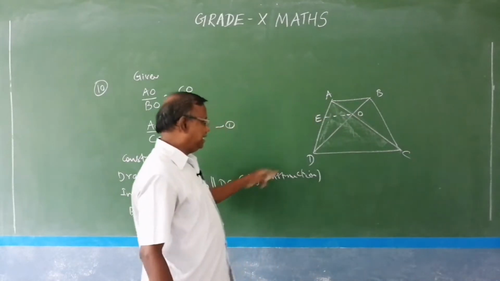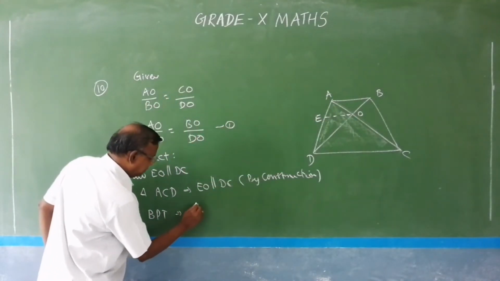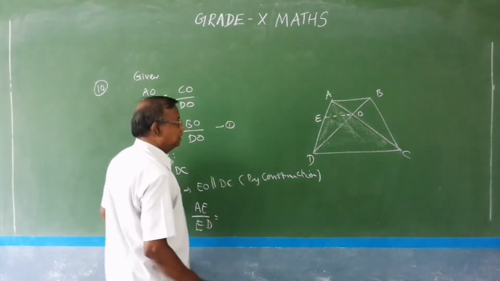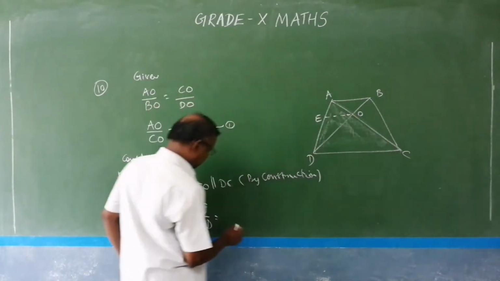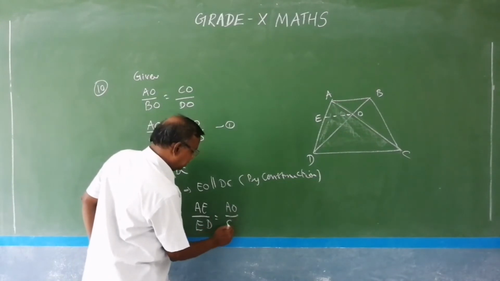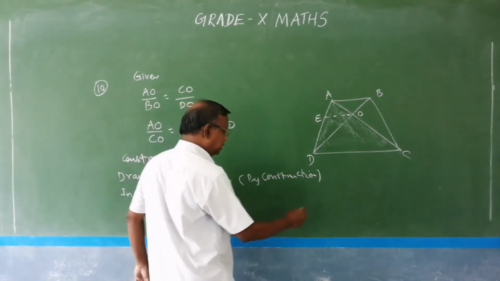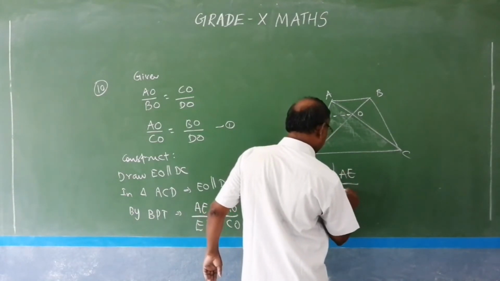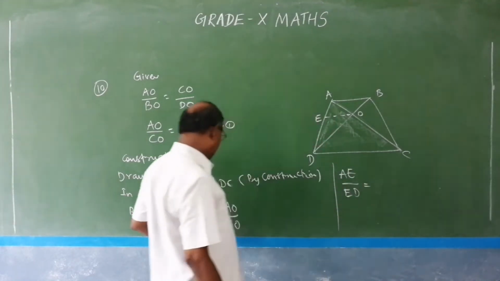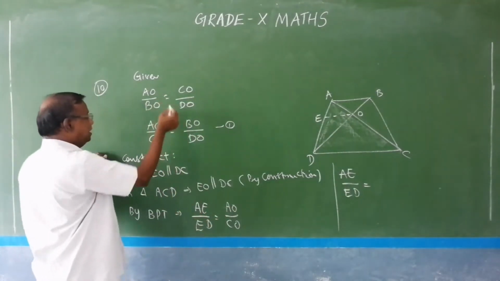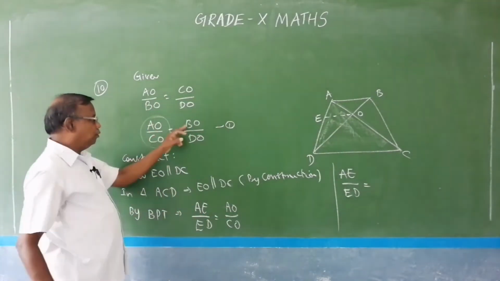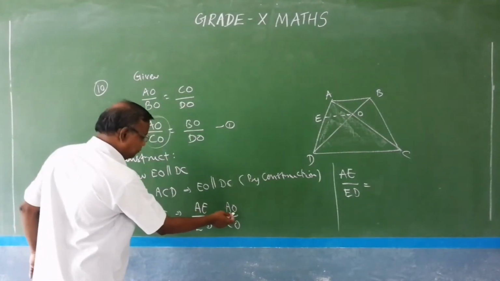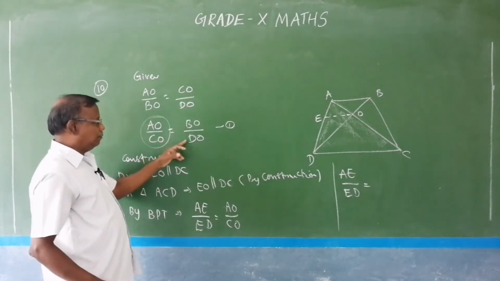That is AE by ED equal to AO by CO. But what is AO by CO? AO by CO is nothing but BO by DO. These two are equal. So instead of AO by CO, we can write BO by DO.